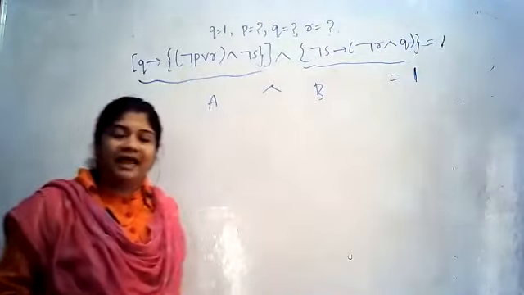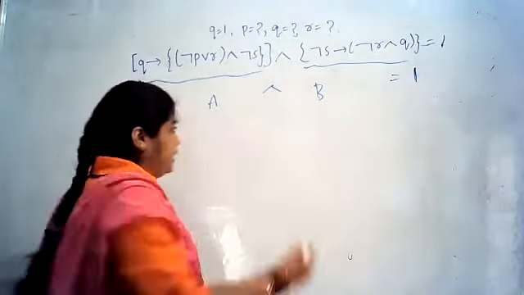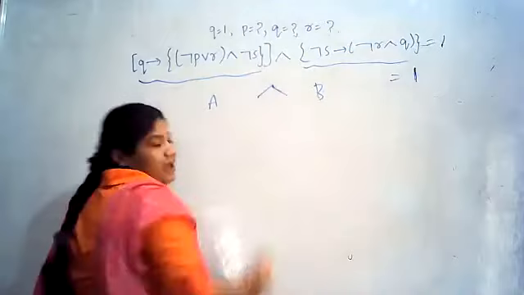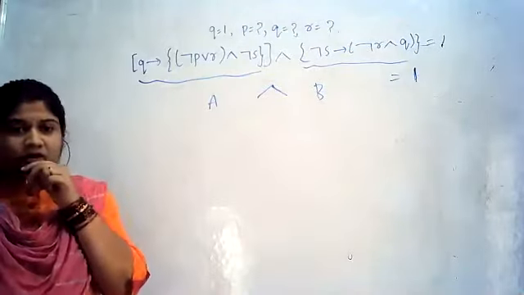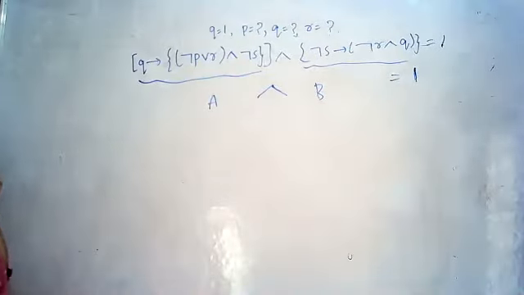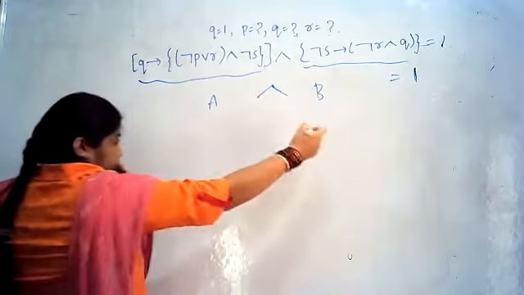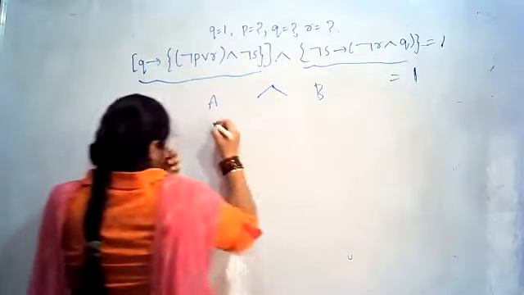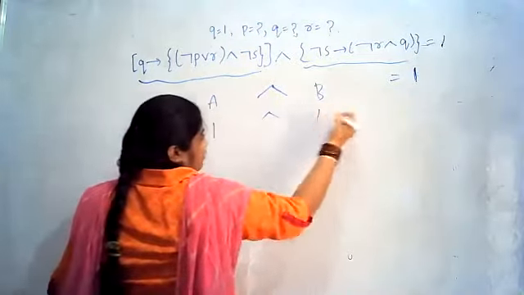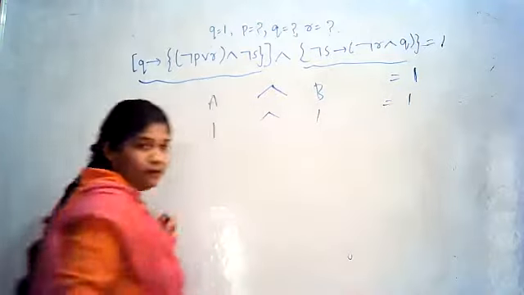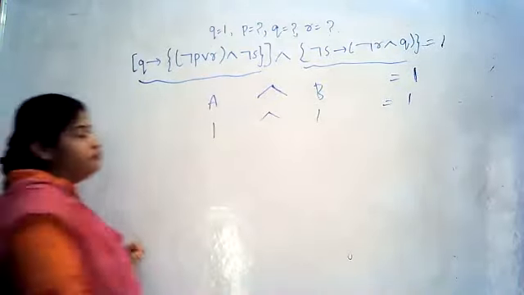What are actually A and B? How to find out? We need to see the symbol they have given. Conjunction. What is the meaning of a conjunction? Conjunction is nothing but AND gate. When will we get the result 1? When both A and B are 1 and 1, then only we will get 1 according to the rule of AND gate.